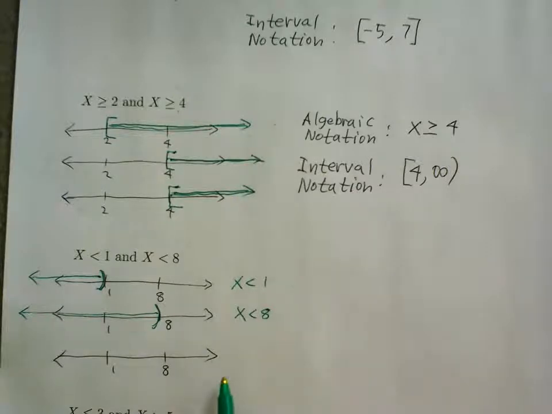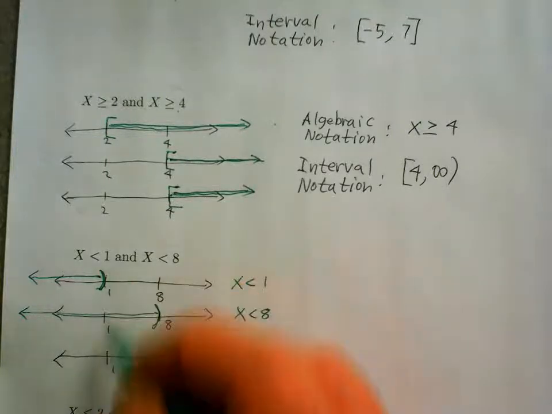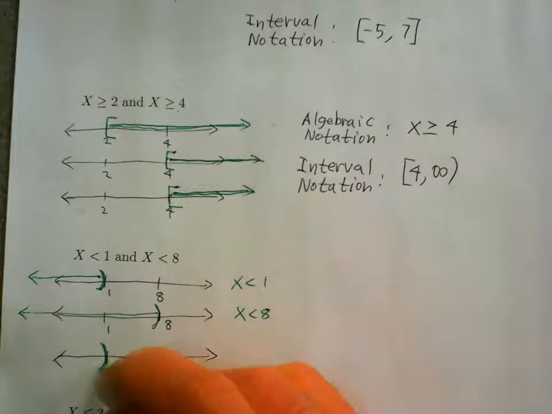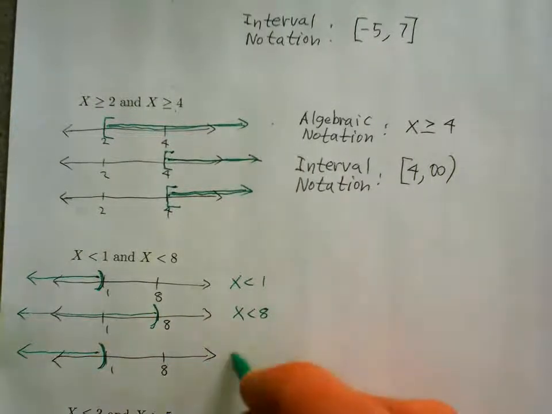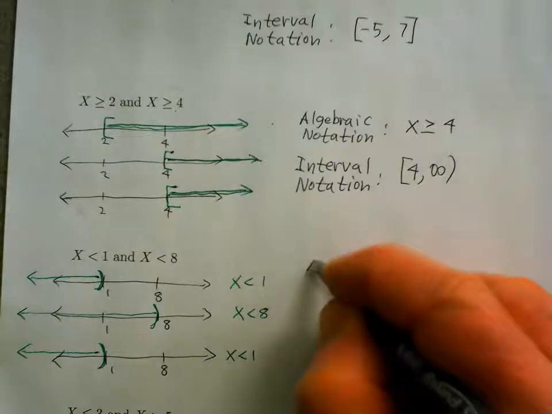And what's the overlap? In other words, what's the part of the number line that is in both sets? From negative infinity to 1. Yeah, that's the overlap. That's the same as x is less than 1, which is the algebraic notation for the solution.